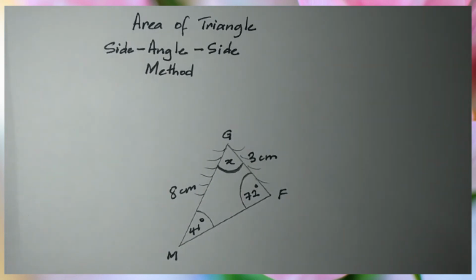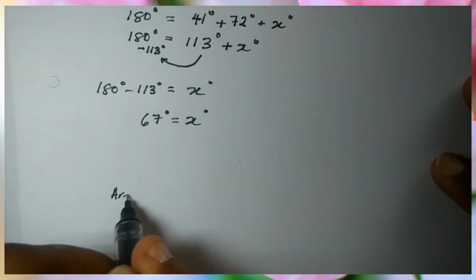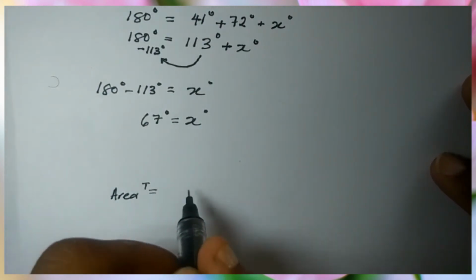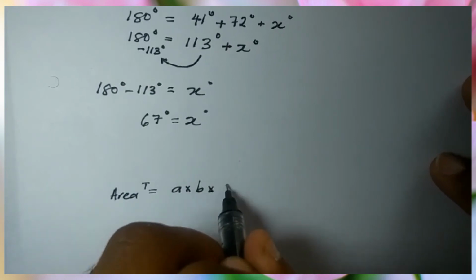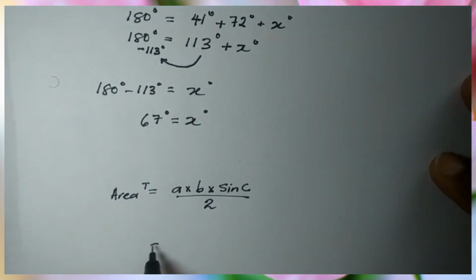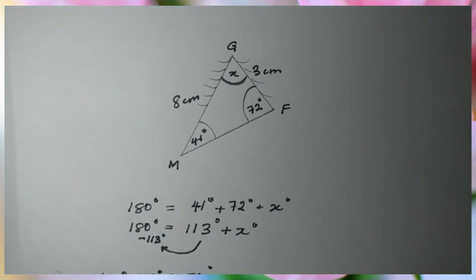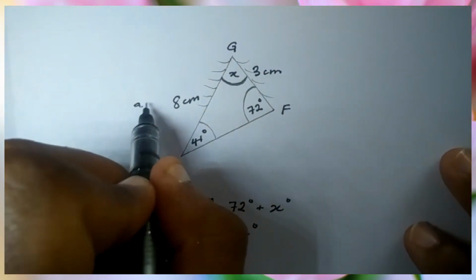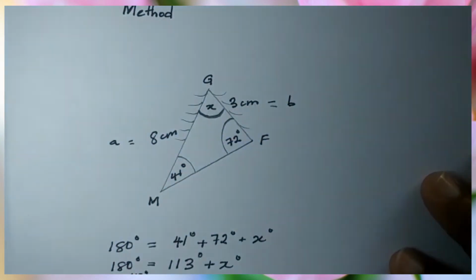The area of a triangle is equal to A times B times sine C all over 2. Now I have to label my A and my B. Remember, my A and my B are my eyelashes. So this is going to be my A, this is going to be my B, and there's my eyeball inside.